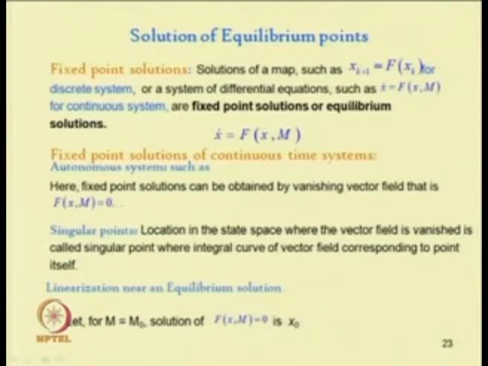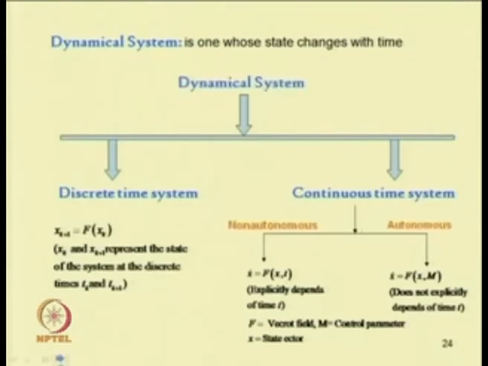The location in the state space where the vector field vanishes is called the singular point. If you change the system parameter, that is the control parameter m, we can obtain the response of the system.